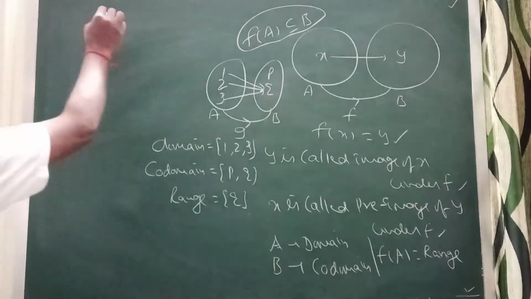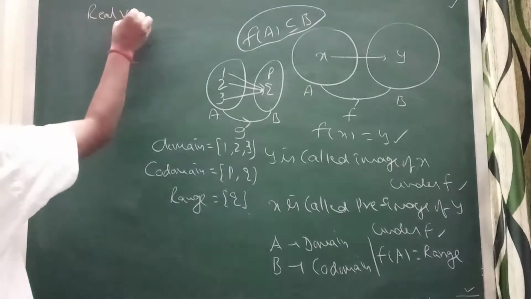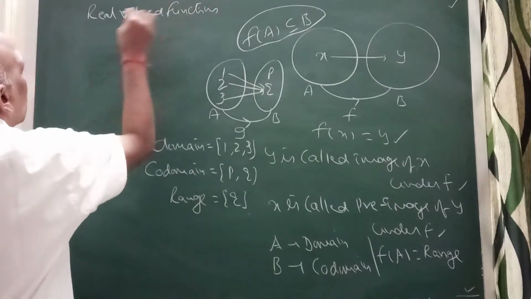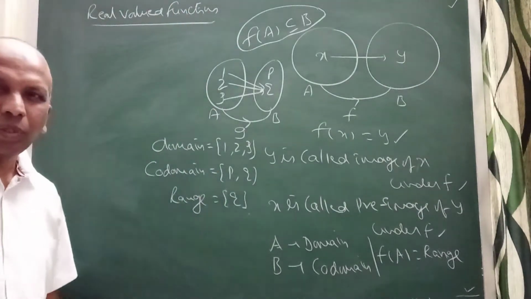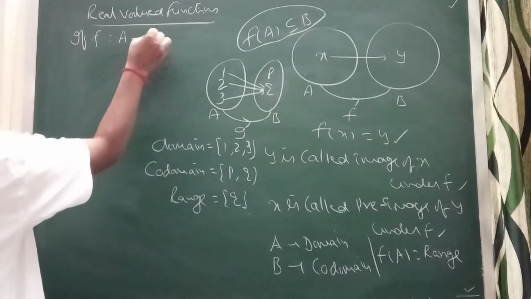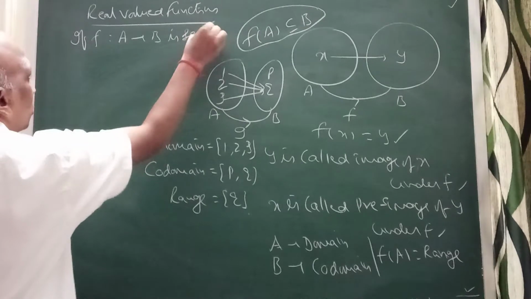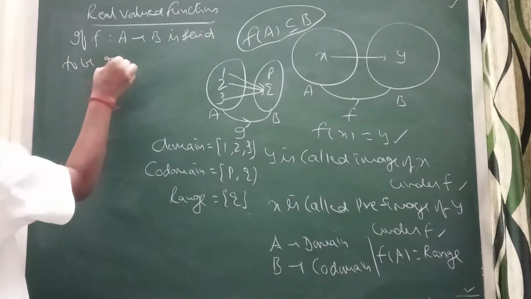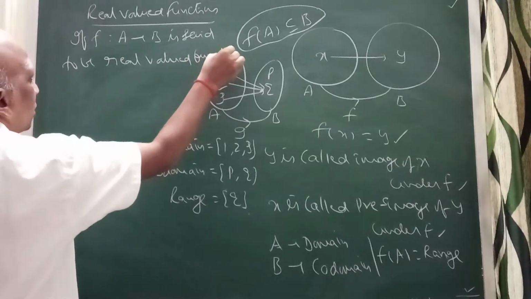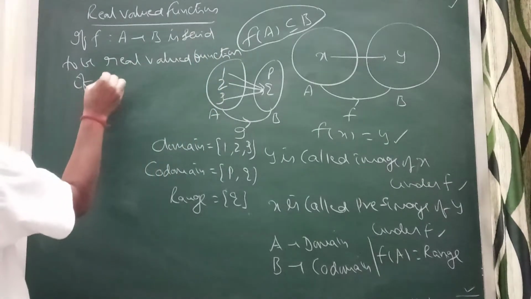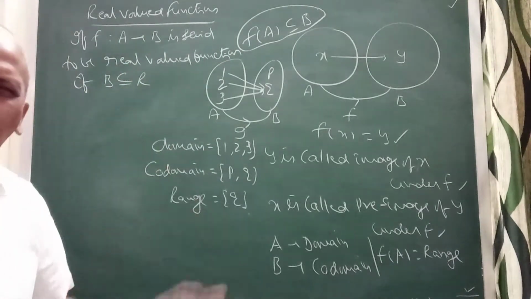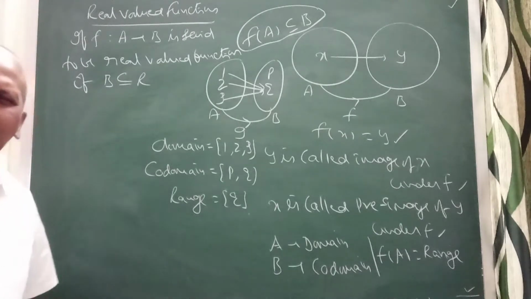What is the meaning of real valued function? Suppose f from A to B is said to be a real valued function if B is a subset of R. Either B is a subset of R or B equal to R. In this case, we can say real valued function.